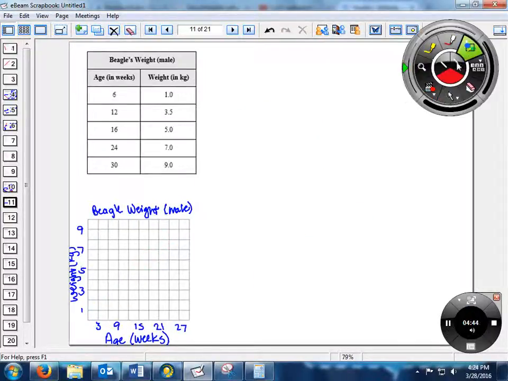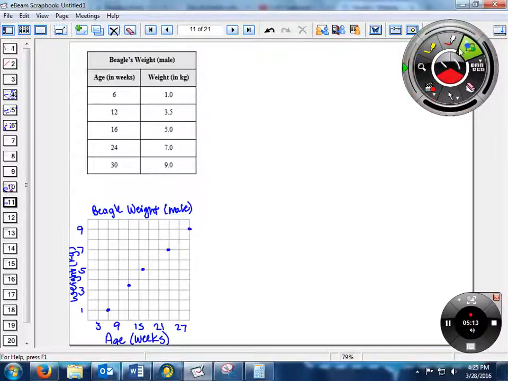Okay, so before we can get started with this one, again, we have to plot our data. So I'm going to go over to 6, up to 1, 12 and 3.5, 16 and 5, 24 and 7, and 30 and 9.